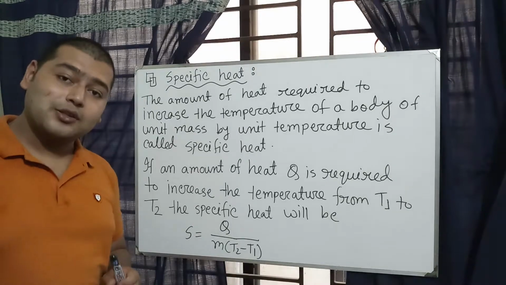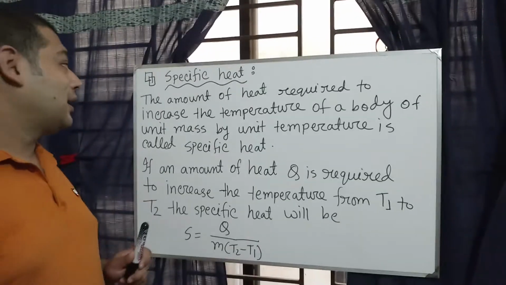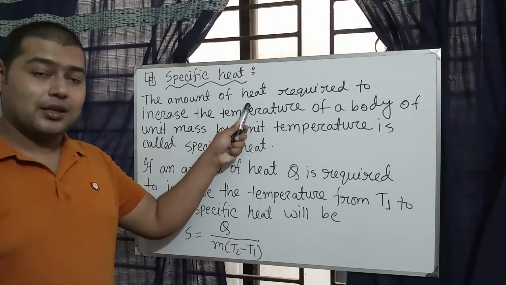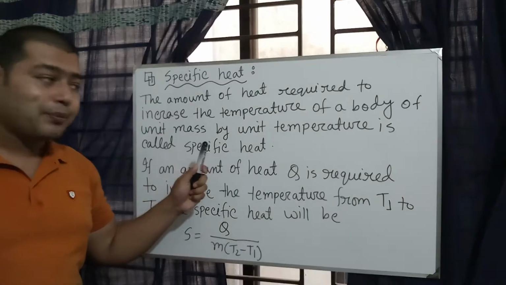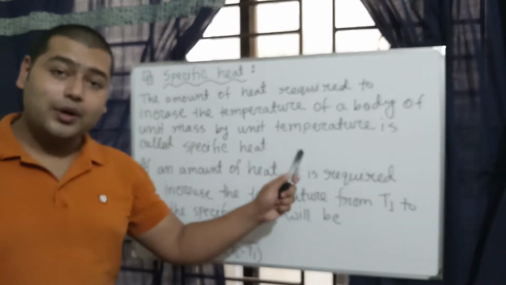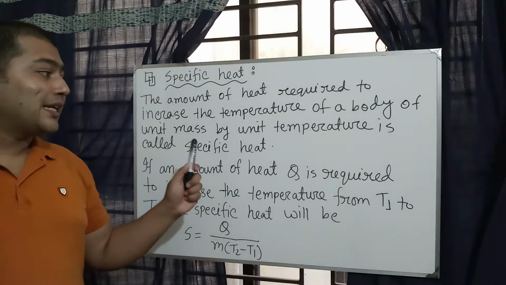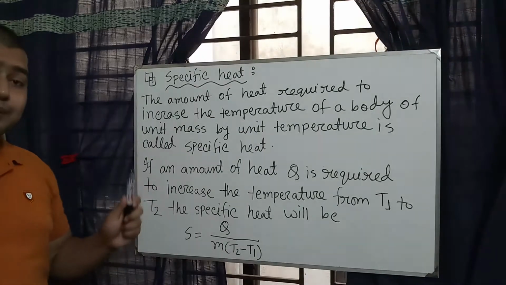The first question is, what is specific heat? The answer is the amount of heat required to increase the temperature of a body of unit mass by unit temperature is called specific heat.